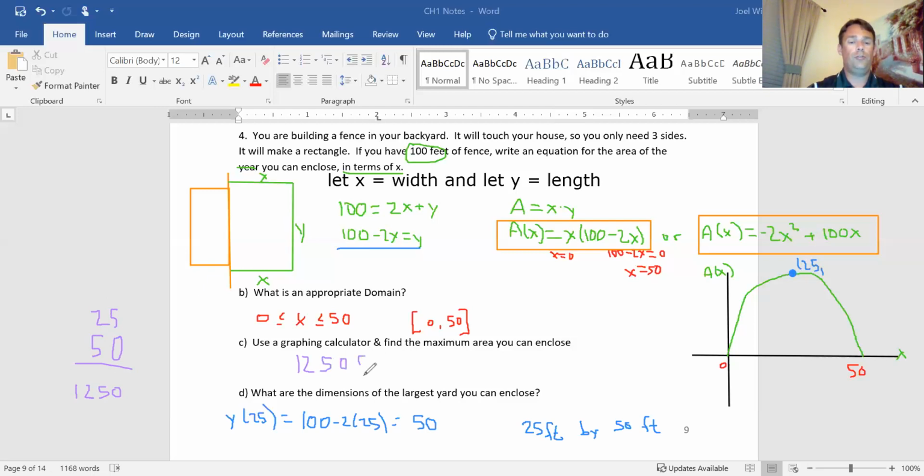And we're going to use our graphing calculators to learn how to find mins and maxes in the second chapter, but until then, don't worry about it. So there we go, maximum area.